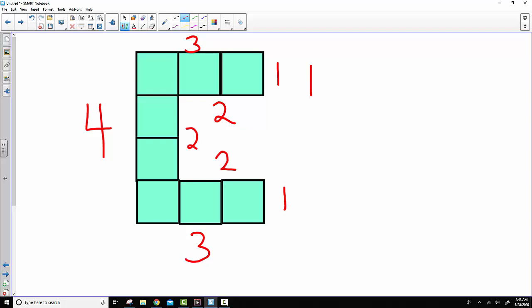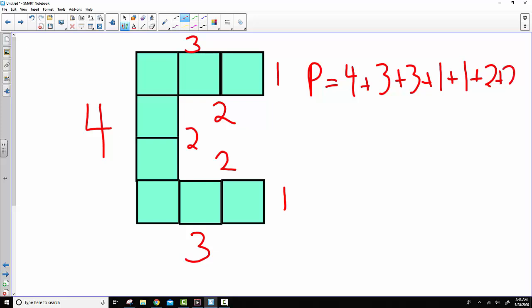So for our perimeter, we're going to get messy again. We have 4 plus the 3 from the top and the 3 from the bottom. The 1 and the 1 on the far right sides. And then inside we have 2, 3 different times. Oh my goodness, we're almost out of room there.